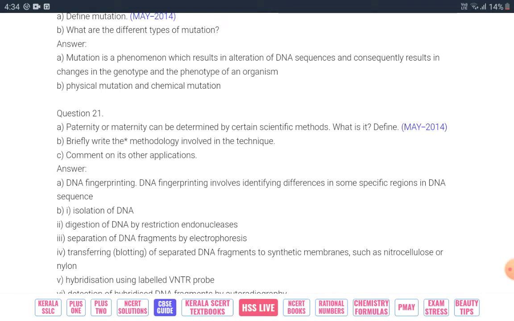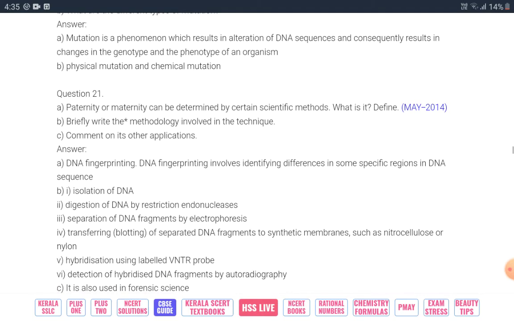Very important question. Briefly write the method involved in the technique. Isolation of the DNA, digestion of the DNA by restriction endonucleases, then separation of the DNA fragments by electrophoresis, the transferring of the separated DNA fragments onto a synthetic membrane, next hybridization using labeled VNTR probe, then the detection of hybridized DNA fragments.